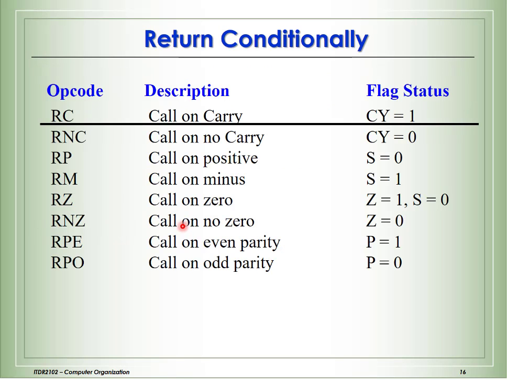Here you can see the return instruction with more conditions, and these are the flag register statuses. It depends on the flag register status whether the condition is satisfied or not. I explained this in both lectures.